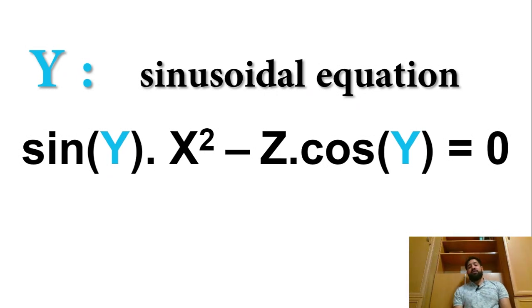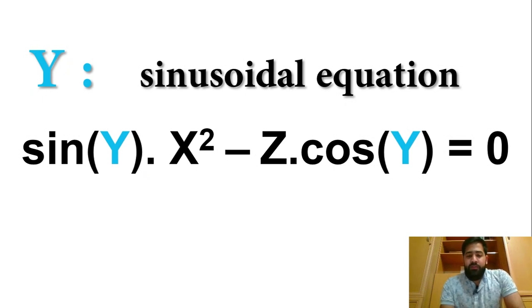How do we solve the sinusoidal equation? We can use the relations of the sinusoidal functions. We take all the terms that use sinusoidal functions and put the number on the other side of our equation.